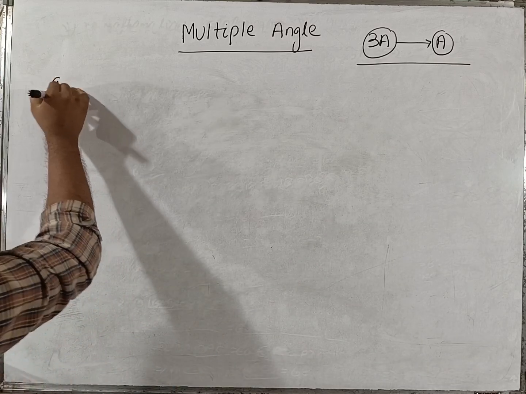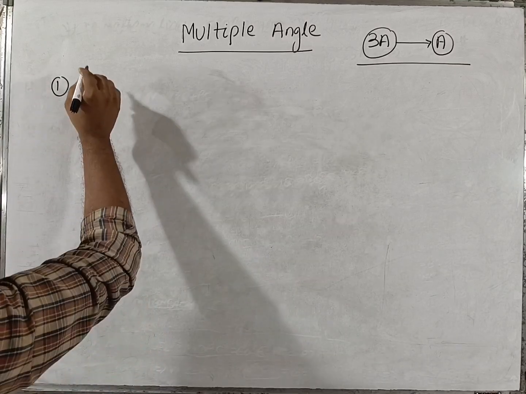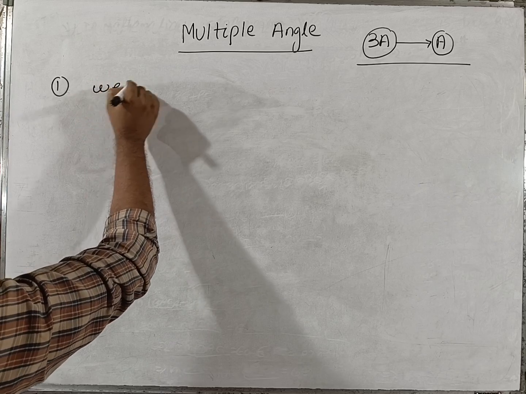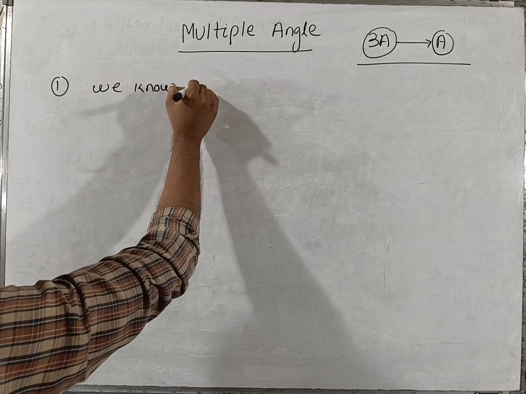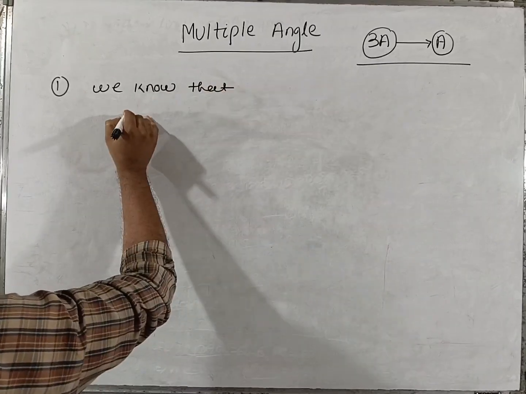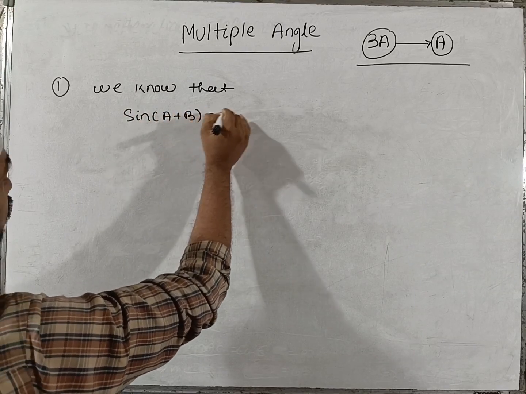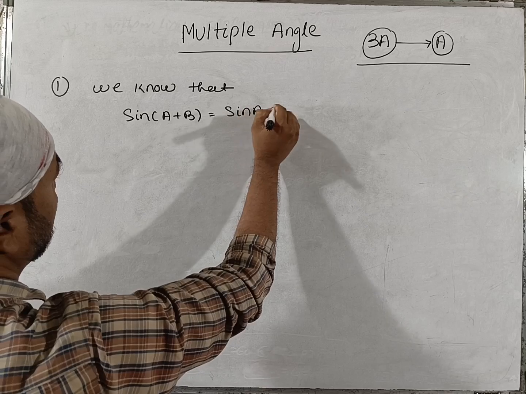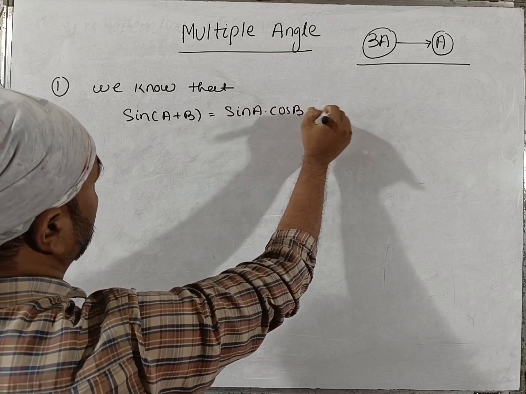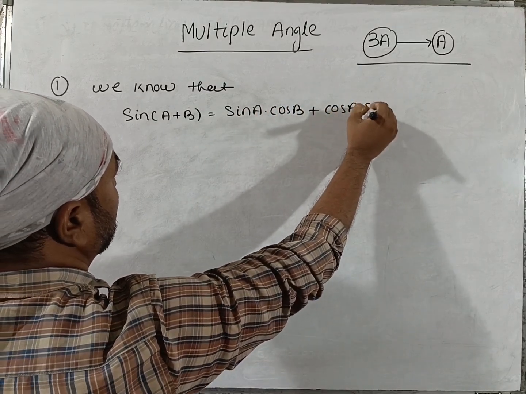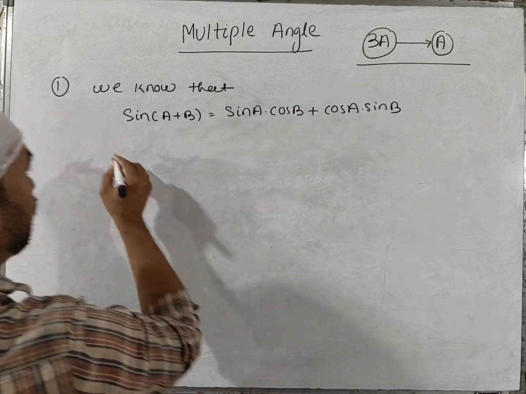The first formula is sin 3a. We know that sin(a plus b) is equal to sin a into cos b plus cos a into sin b.